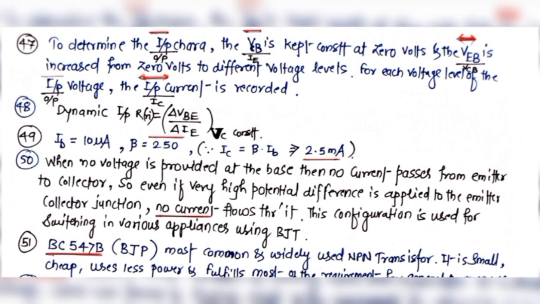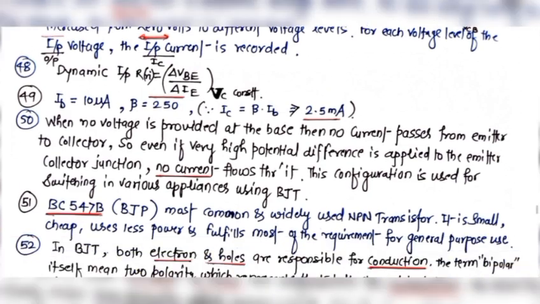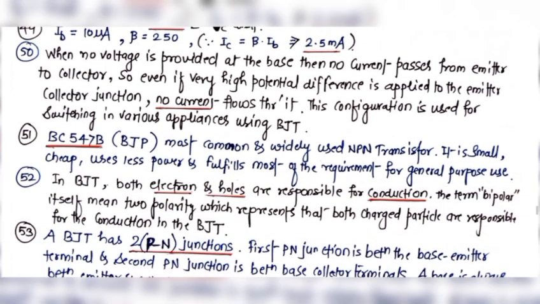The dynamic input resistance, Ri, is equal to the smallest change in VB upon the smallest change in IE, keeping VC constant. Here IC is equal to beta into IB. Therefore, IC will be 2.5 milliampere in this example.